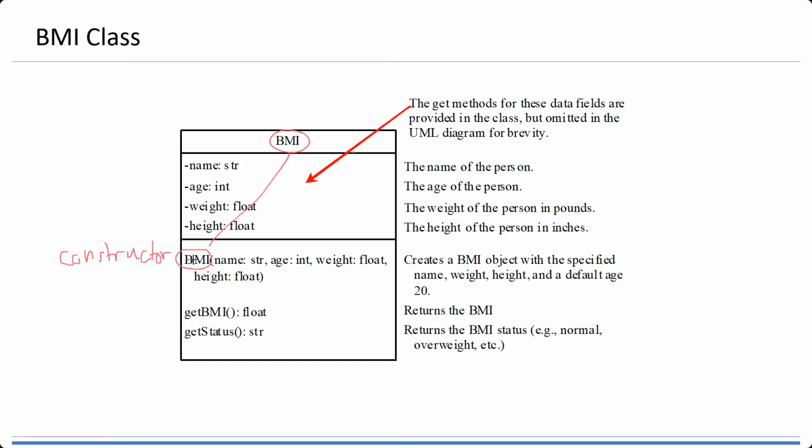Now we have a constructor, and you have 4 parameters. So how do we know there are 4 parameters?